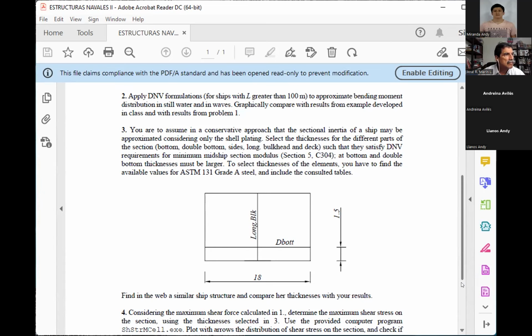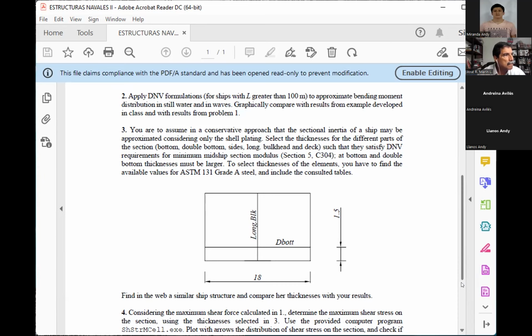Bottom and double bottom thicknesses must be layered. So this is typical. When you see the midship section of a ship, usually the thickness at the bottom is larger than at the sides or at the deck. It's typical. Okay, so let's try to get ready to work as professionals.